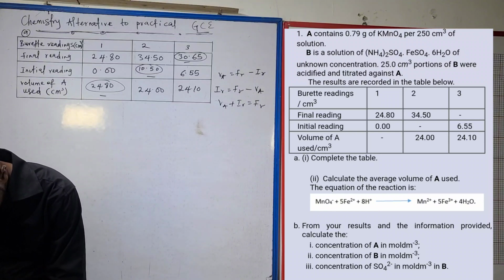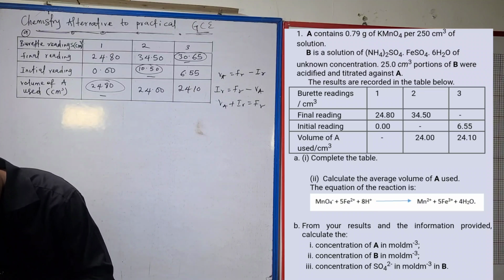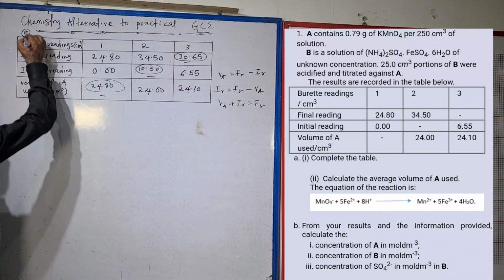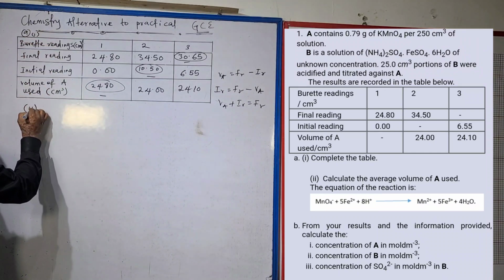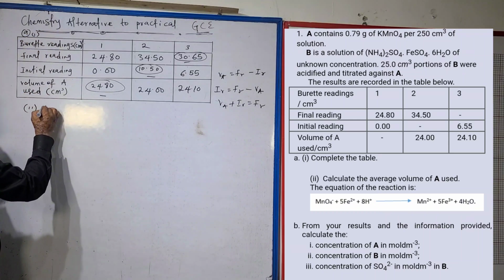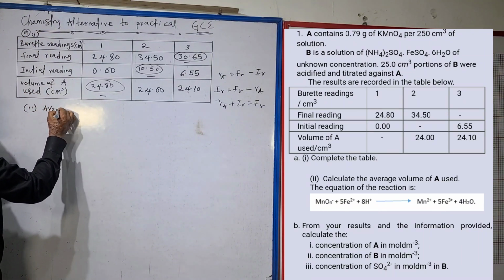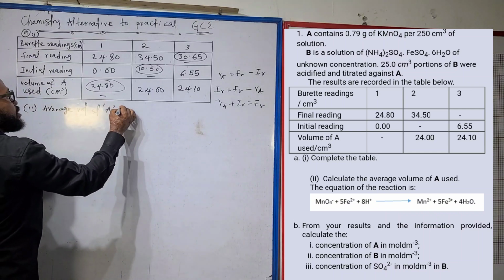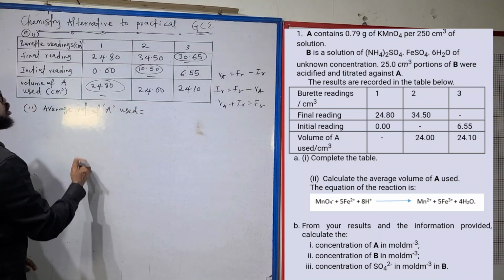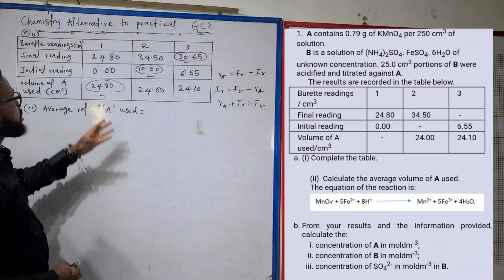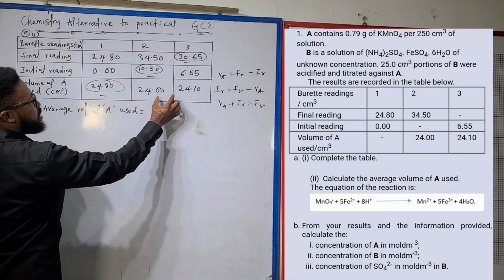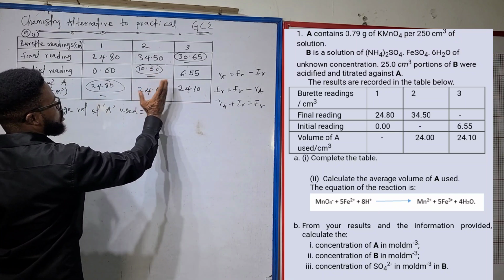Now the next thing I was told to do is A2, calculate the average volume of A used. Of course, when you look at titration 1, titration 2, and titration 3, 24.80 seems far from the second and third titration.